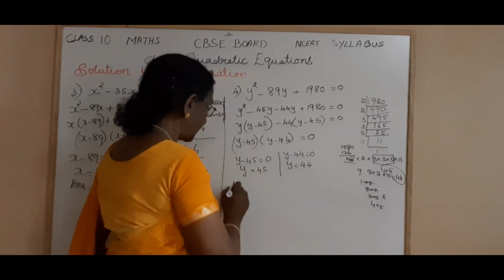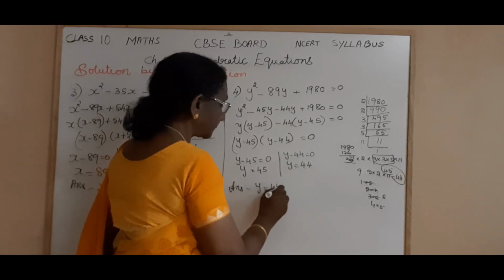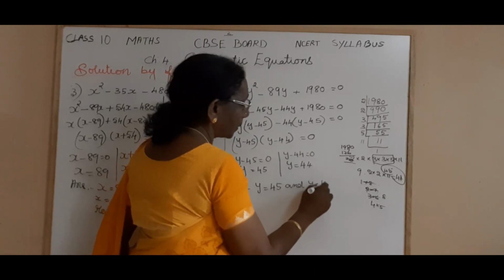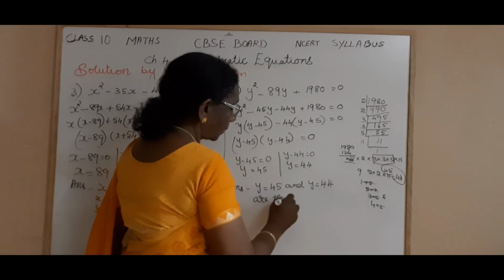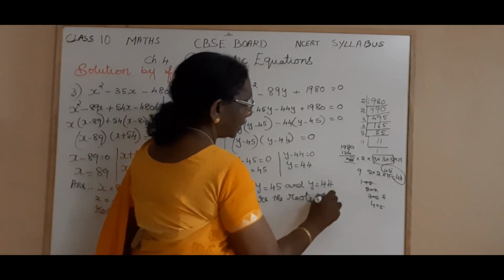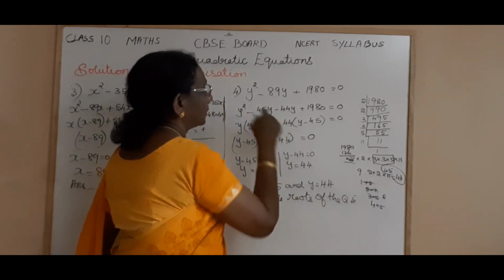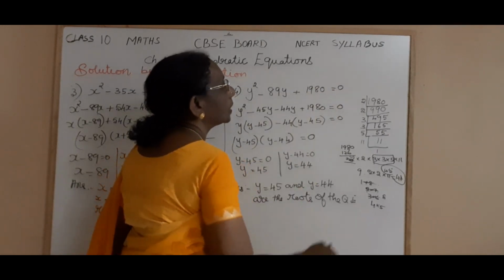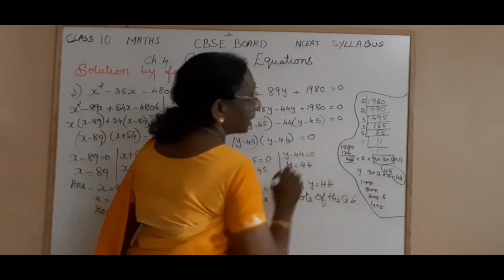So now the answer: y is equal to 45 and y is equal to 44 are the roots of the given quadratic equation. If you want, you can write: roots of the quadratic equation y squared minus 89y plus 1980 is equal to 0. So now without writing px and qx, we have calculated this.